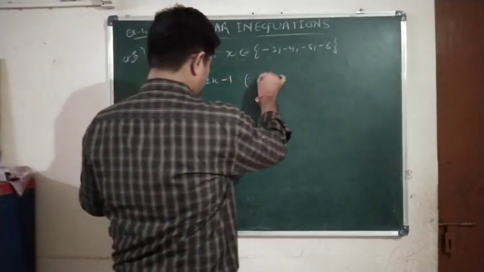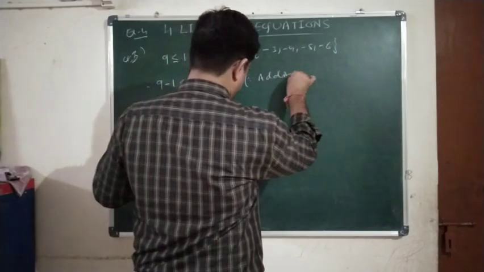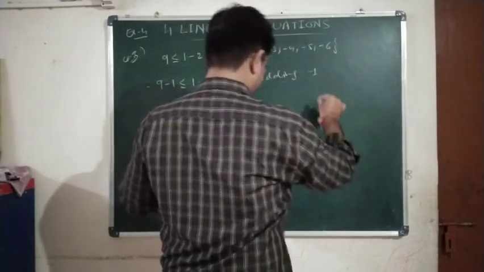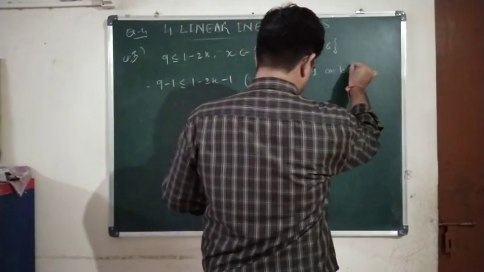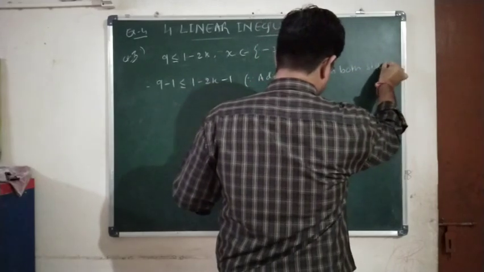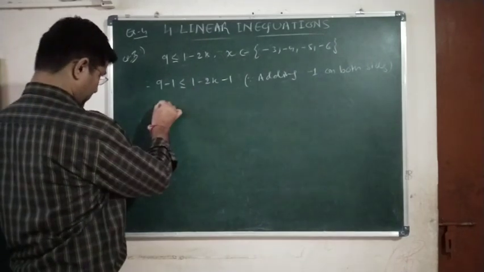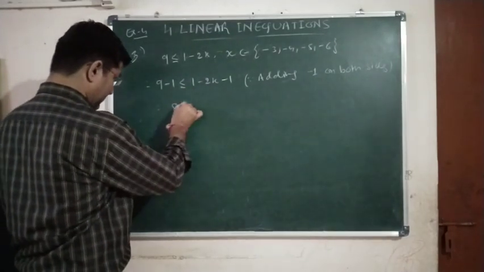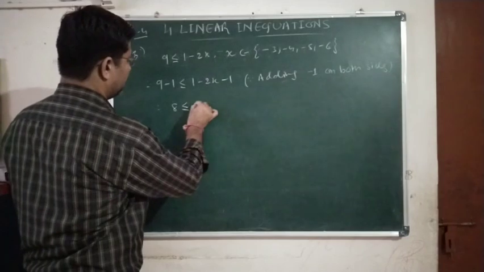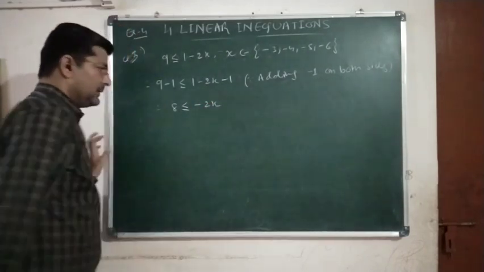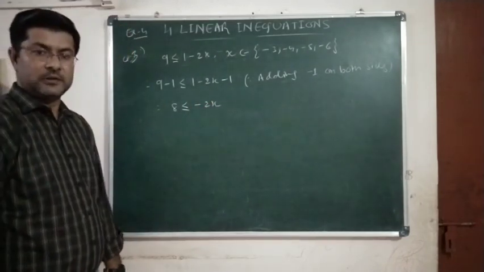So 9 minus 1, adding minus 1 on both sides. Okay, so 9 minus 1 is 8 is less than or equal to minus 2x. Clear? Yes or no?